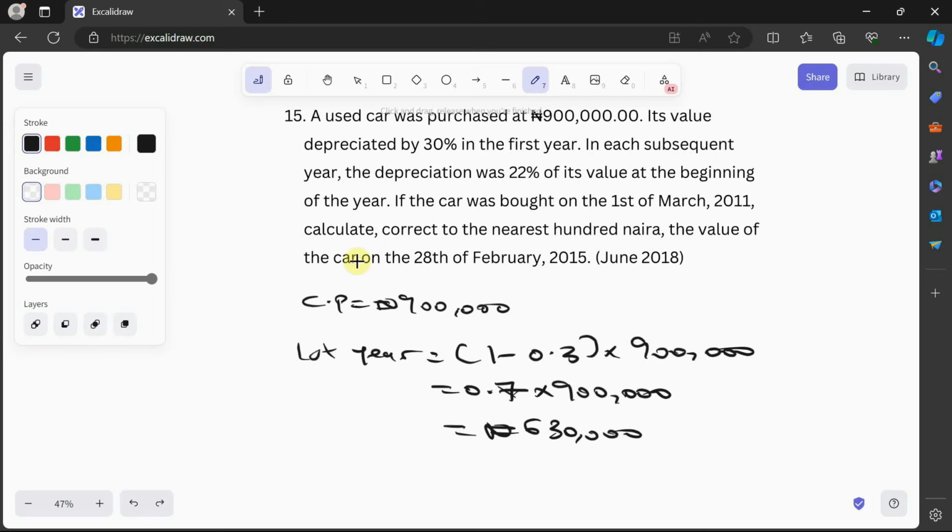It now says in each subsequent year, the depreciation was 22% of its value at the beginning of the year. So that's each subsequent year. Fine. So if the car was bought on the 1st of March 2011, this one is the first year, so this is 2011 to 2012. It now says calculate the value at 25th of February 2015.